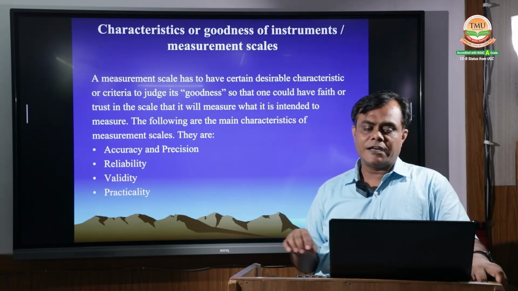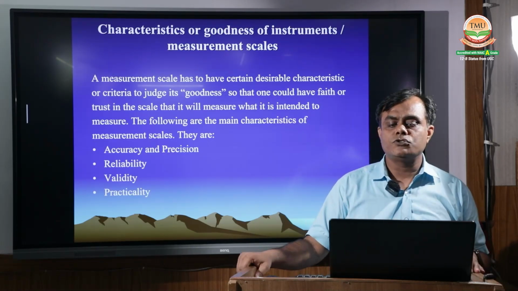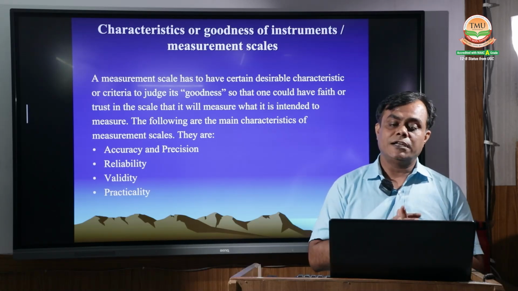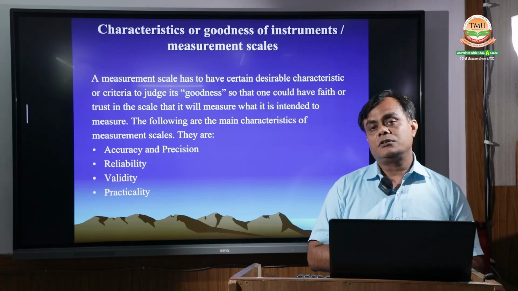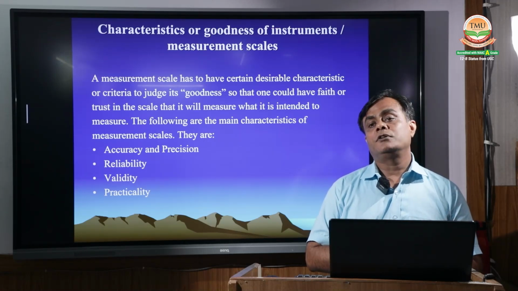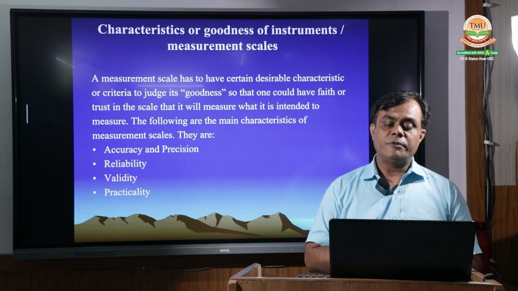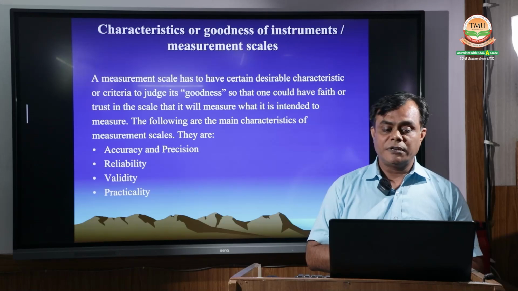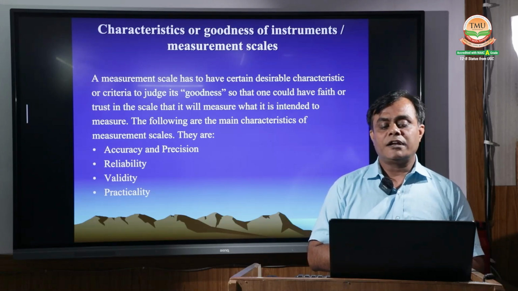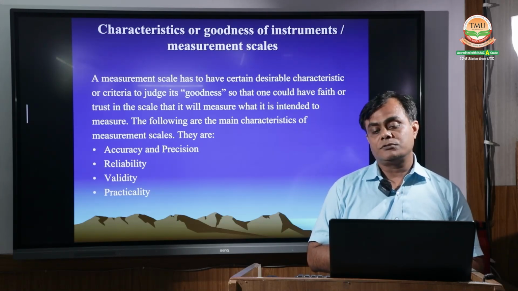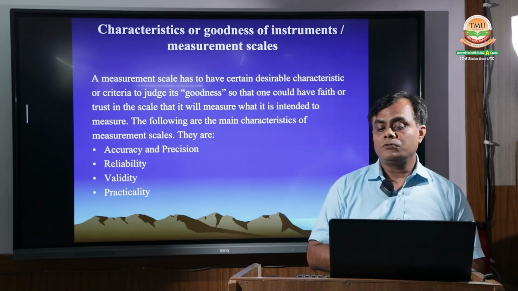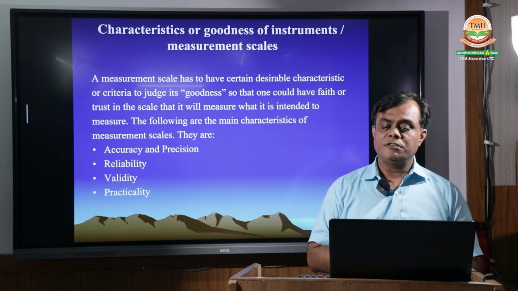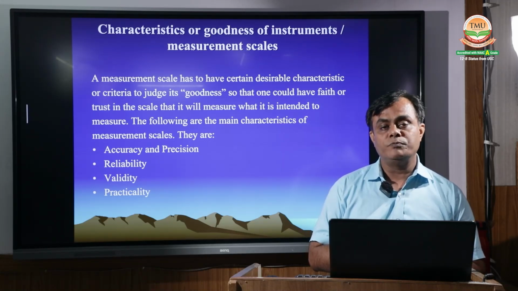Next are the characteristics or goodness of an instrument or measurement scale. Here we are talking about the various characteristics that create the goodness of the instrument and of the measurement scale. A measurement scale has to have certain desirable characteristics, or certain criteria to judge its goodness, so that one could have faith or trust in the scale that it will measure what it is intended to measure.